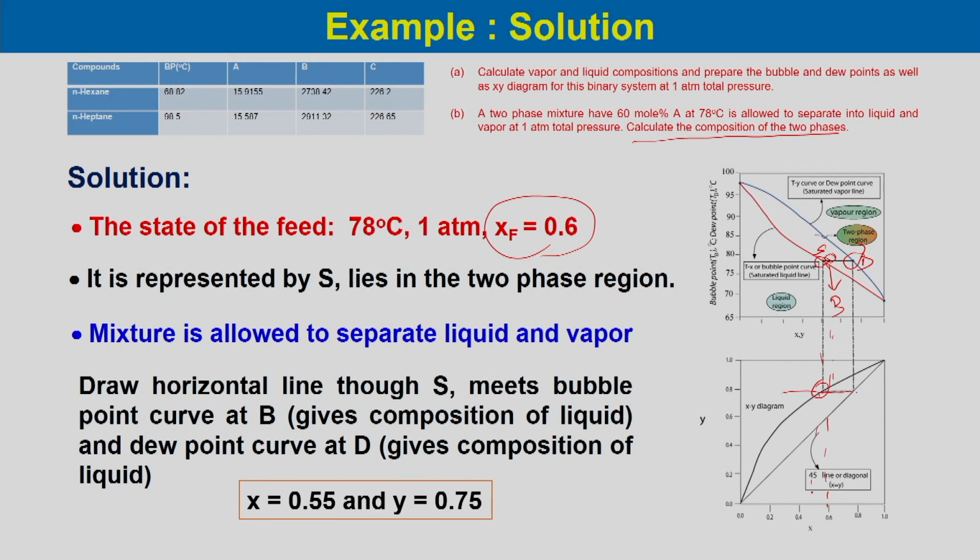This will give the value of x, which is 0.55, and correspondingly the value of y, which is 0.75. This way we can solve this type of problem using Raoult's law, to find the composition of the vapor and liquid phase for a particular mixture.